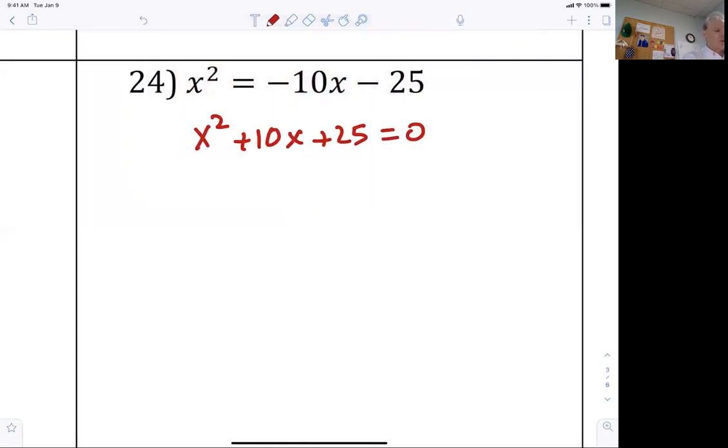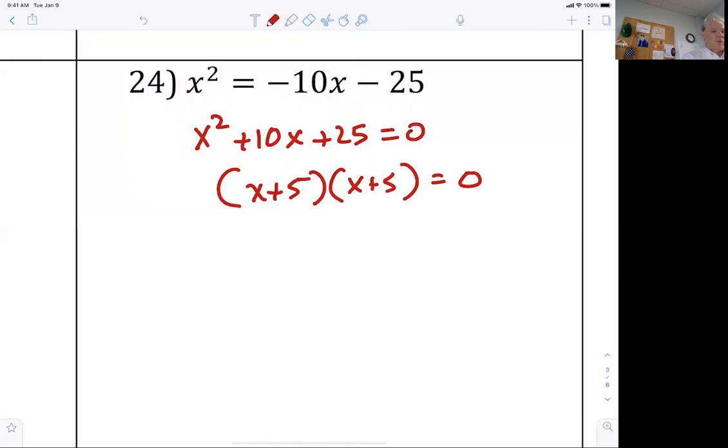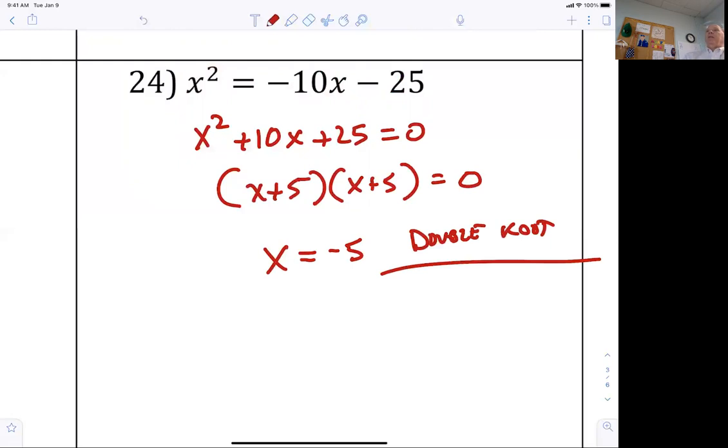And so now that factors to what? Right, x plus 5 times x plus 5. And so this is called a double root. I'm just writing it because you will be talking about it a lot in the future.